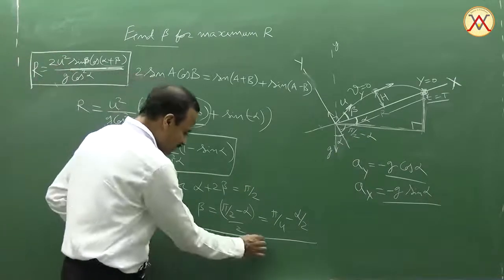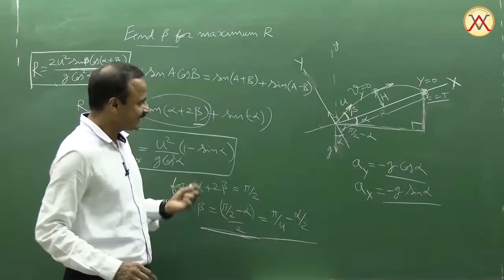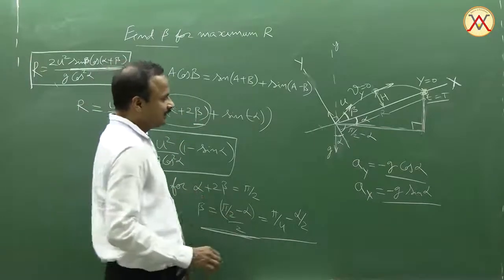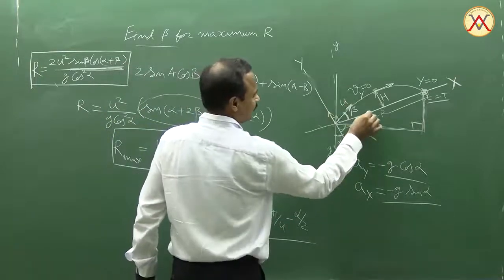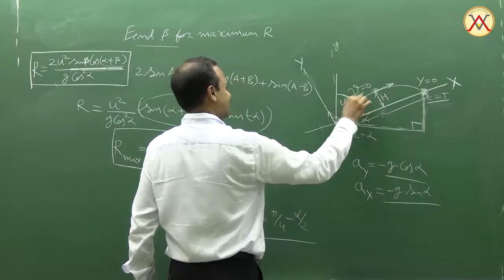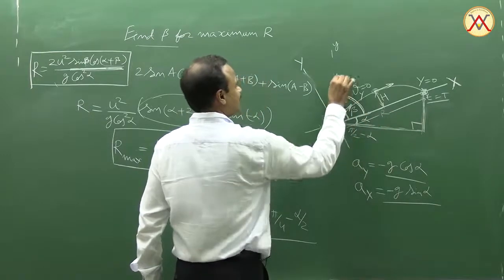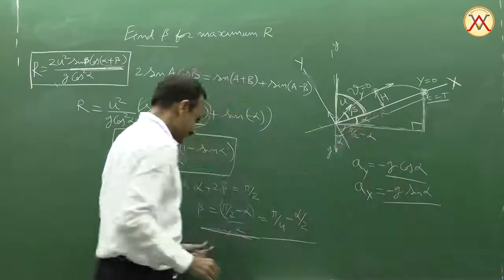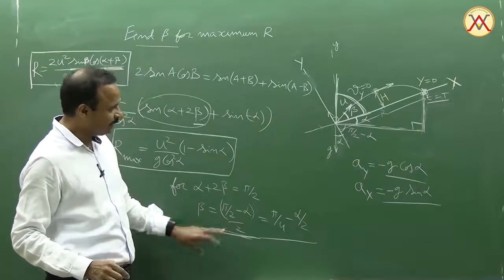Now if you notice, what is this angle? Pi by 2 minus alpha. If I measure it from the inclined plane, it is this angle. That means the angle made by the inclined plane with the vertical is pi by 2 minus alpha. So beta is half of it.